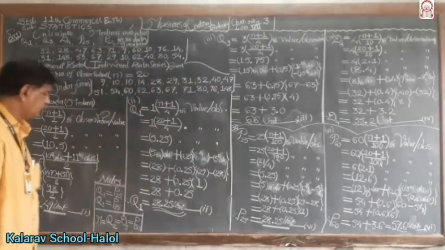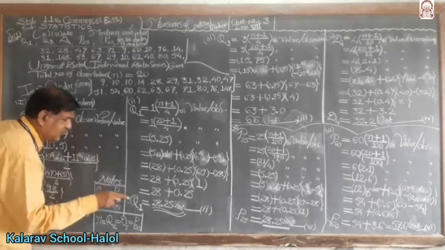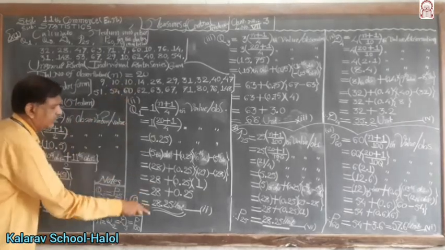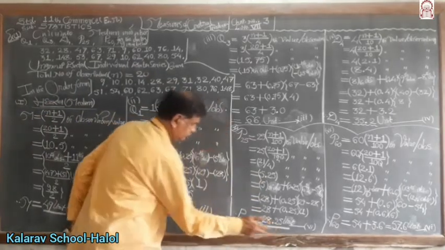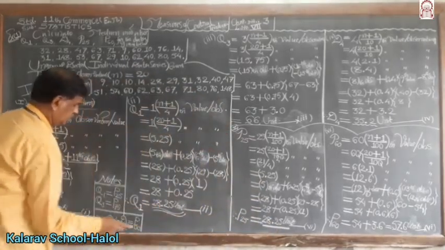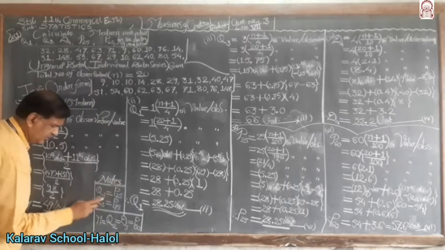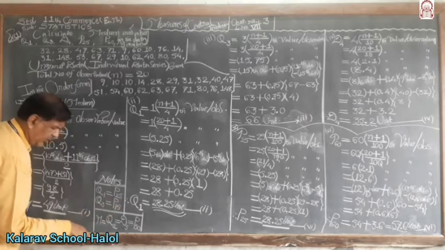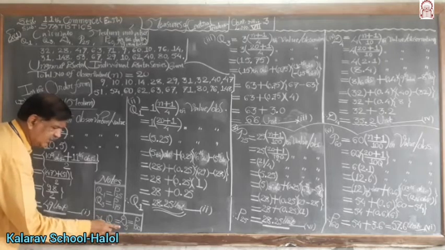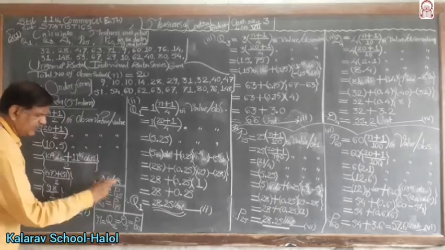Therefore, an important note is that the value of Q1 and the value of P25 are always the same. Q1 and P25 are similar. Q3 and P75 are also similar. Moreover, median is the same as Q2, which is the same as D5, which is the same as P50. Therefore, this point should be noted.